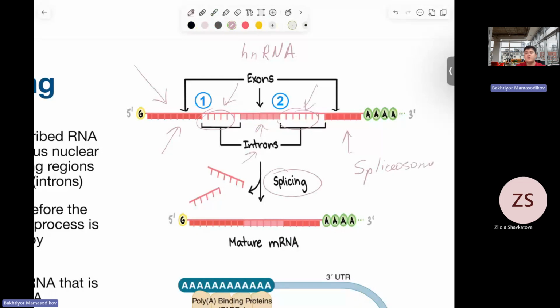Okay? They are complexes of proteins and RNAs together. So think of it like writing an essay and deleting all the extra nonsense, only keeping the good sentences. You have a lot of junk information inside, so you remove it and only leave the good sentences.